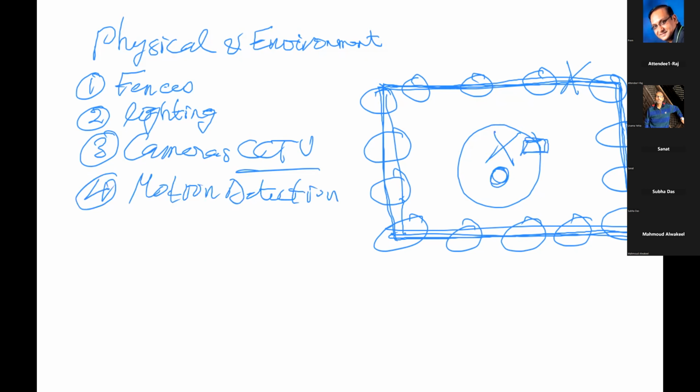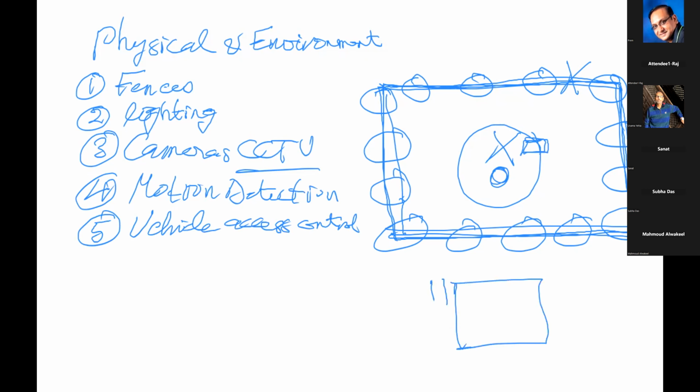It is very important also to have vehicle access control. And when we say vehicle access control, we mainly mean two different things. You know, gentlemen, if you have any police station or any government station, you will find barriers in front, concrete barriers in front of the building.